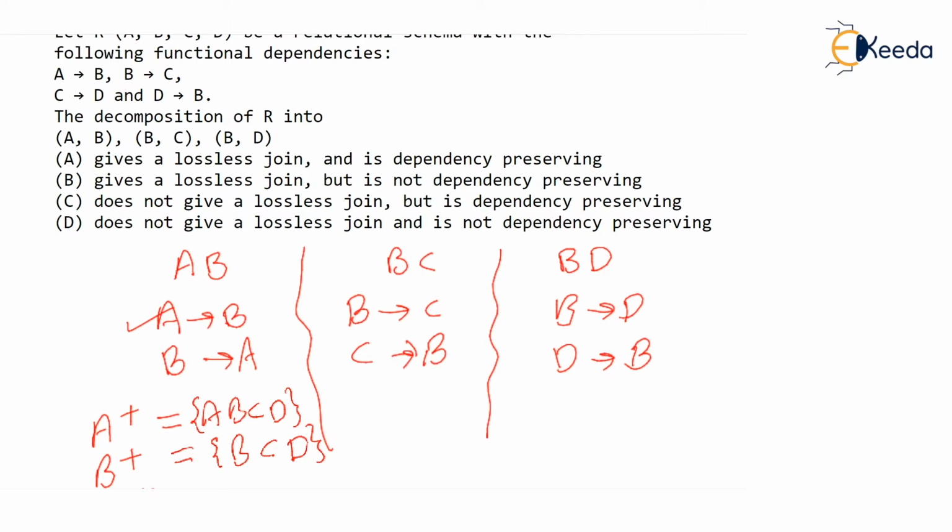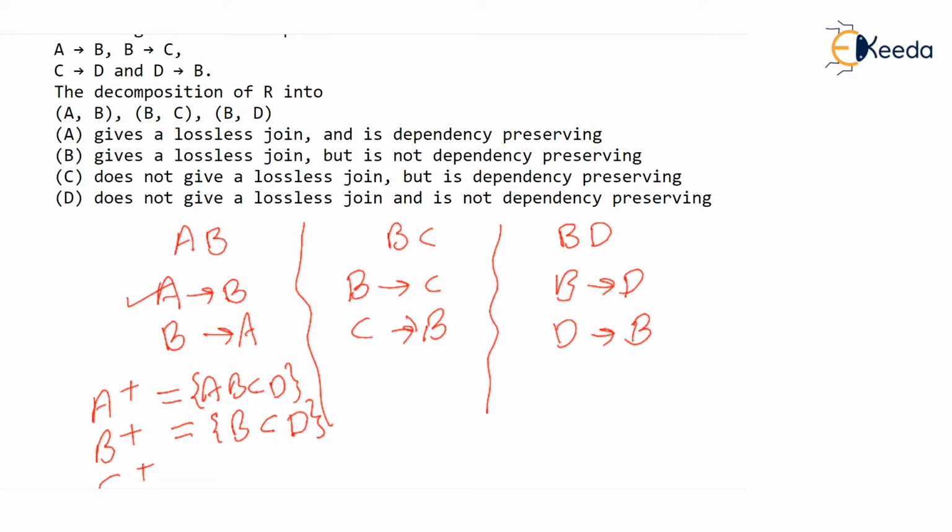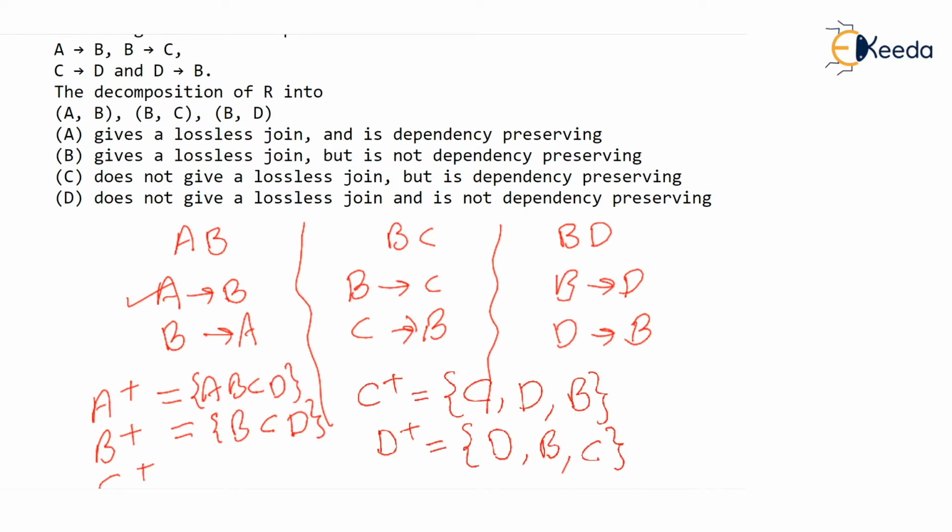C closure will contain C and then D, then B. That's it. And D closure will contain D, then B, C. That's it.